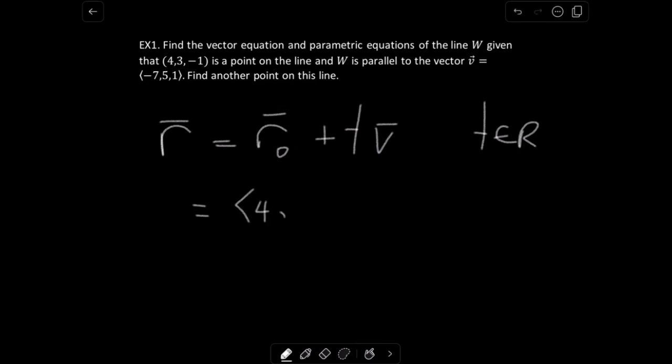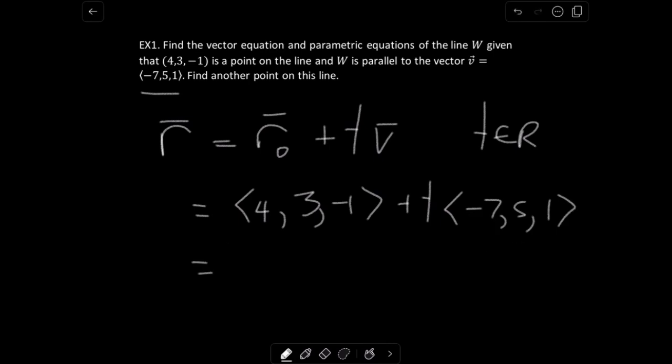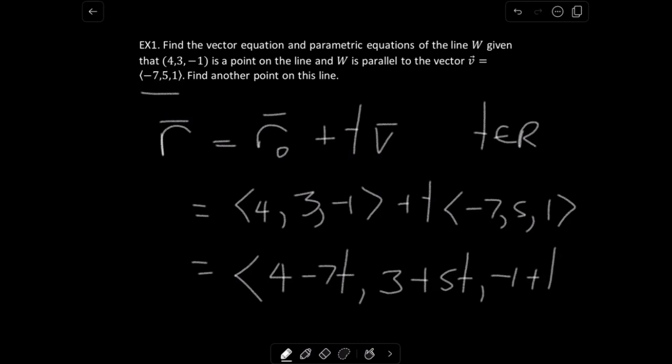So it's 4, 3, minus 1 plus t times the direction vector, minus 7, 5, and 1. And then we just need this in its components. As a single vector, it's going to be 4 minus 7t, 3 plus 5t, and minus 1 plus t. So this is the vector equation of the line.